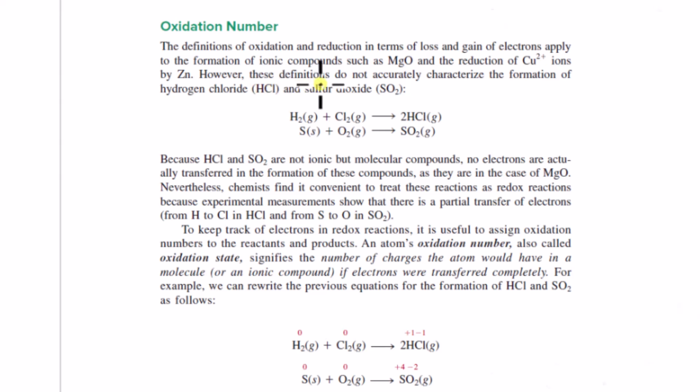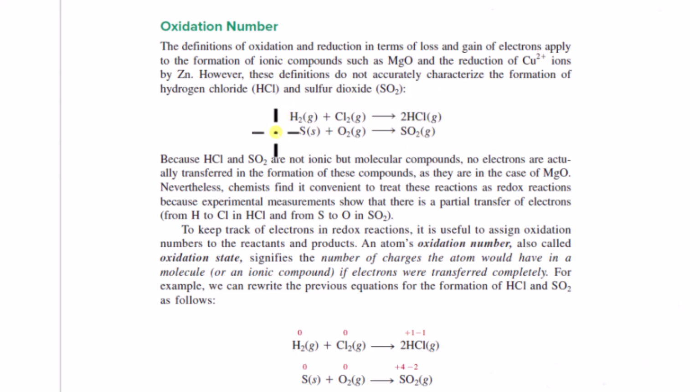However, these definitions do not accurately characterize the formation of hydrogen chloride and sulfur dioxide. So H2 gas and Cl2 gas interact to form HCl gas, and then you have solid sulfur and O2 gas interact to form SO2 gas, right?